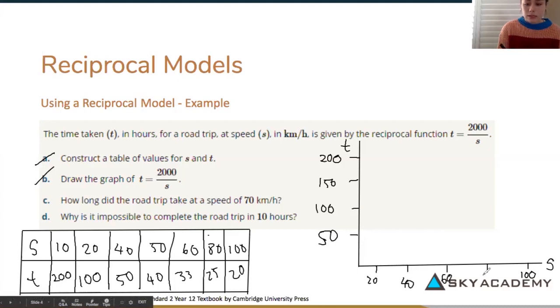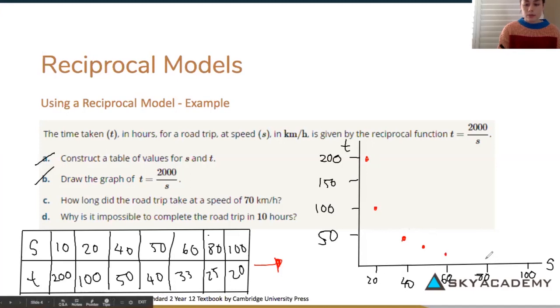And now I'm going to put the points from my table of values onto my graph. So when S equals 20, T equals 100. When S equals 10, T equals 200. 40 to 50. 50 to 40. 60 to 33. 80 to 25.